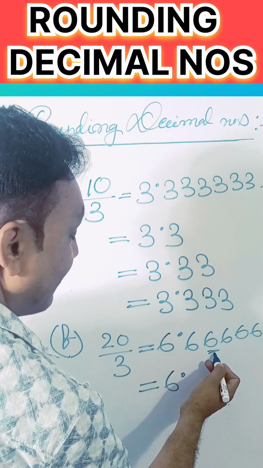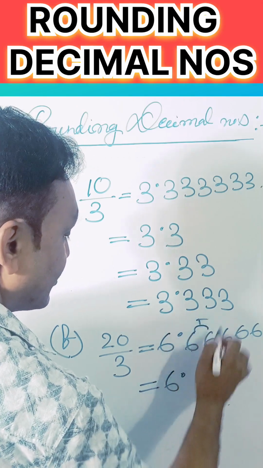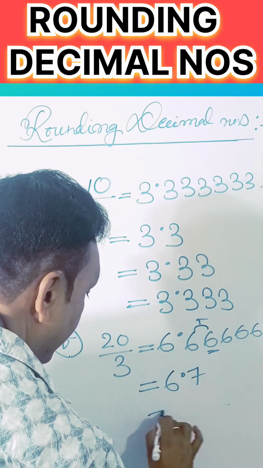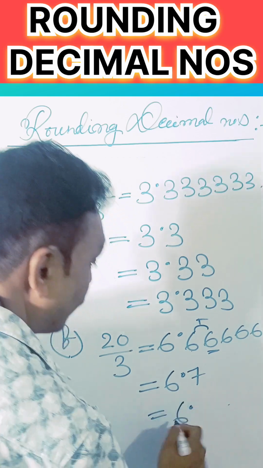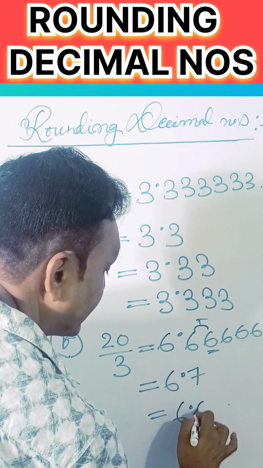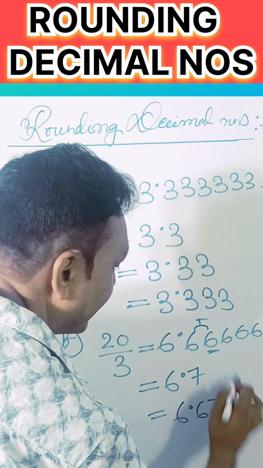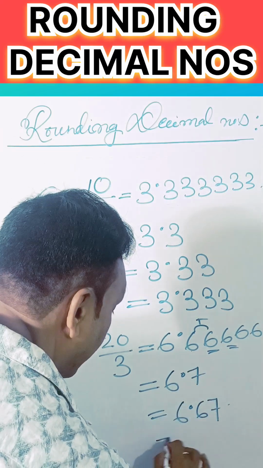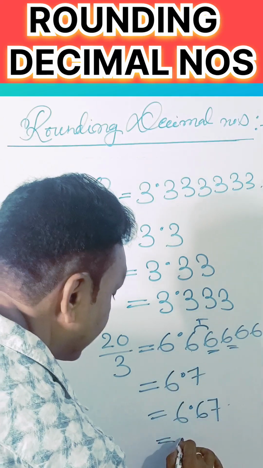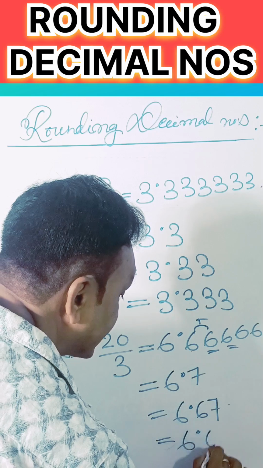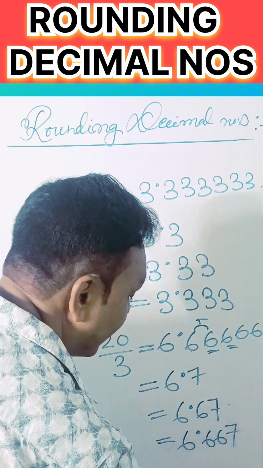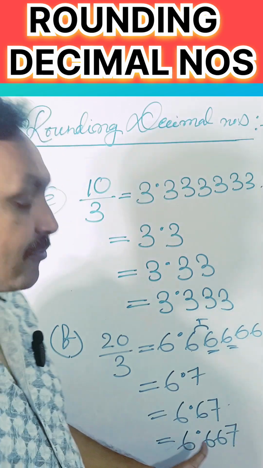It is greater than 5, so you have to add 1 here. So it will be 6.7. If you want to keep two digits after the decimal, then 6 plus 1 is 7, so 6.67. You have to check the next one. If you want to keep three digits after the decimal, it will be 6.667. In that way we can write.